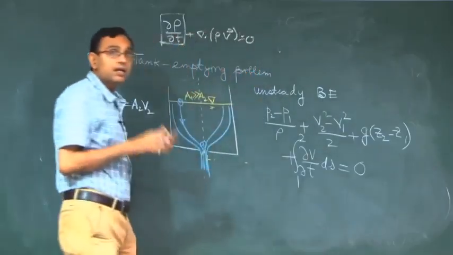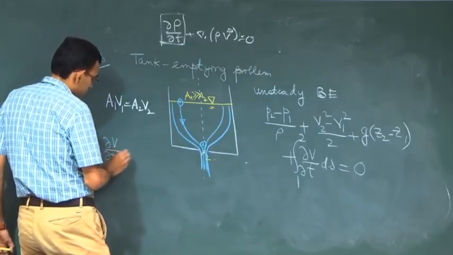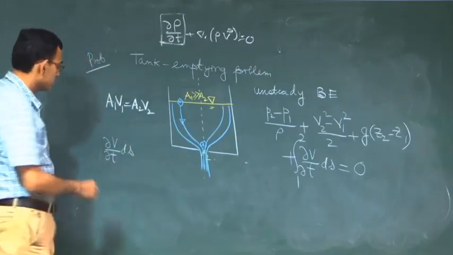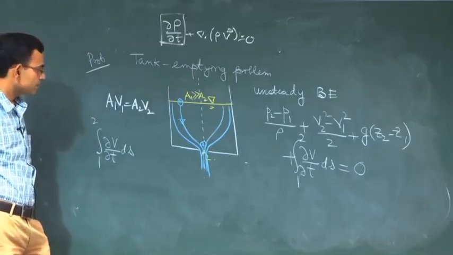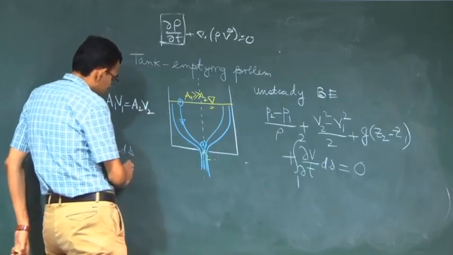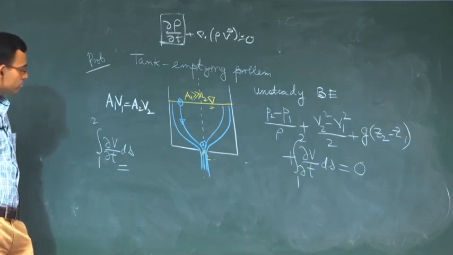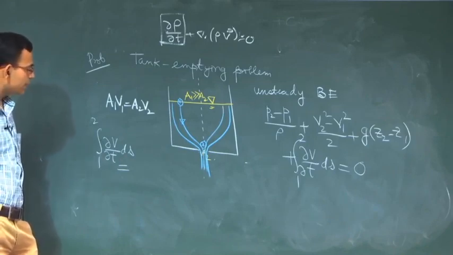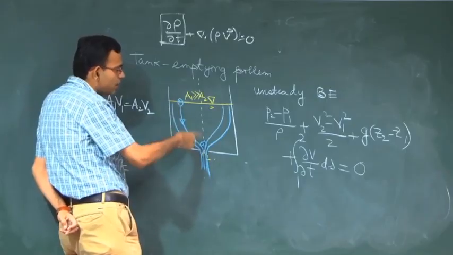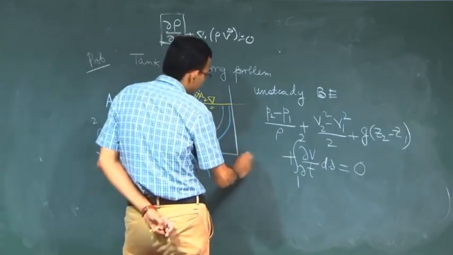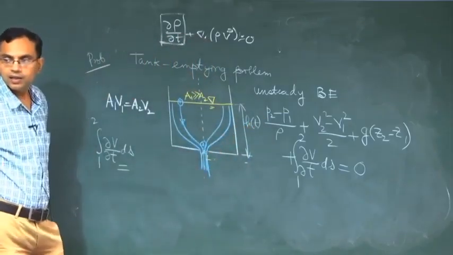Now a big concern for this problem is how you calculate this. To do that, we will consider that this integral is over a streamline starting from 1 to 2. By the way, the height h is a function of time. Initially it may be h naught, and then h is a function of time.